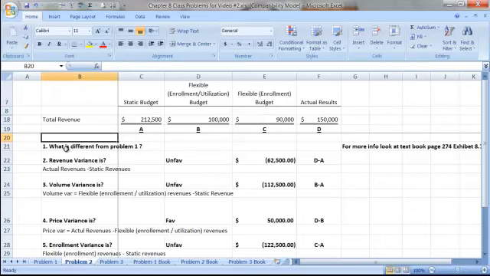So how is this different from problem 1? Well, like we just said, it's got 2 flexible budgets. And the reason it has 2 flexible budgets is because there are 2 variables now with volume. When you see this, it is an indication that there's capitation. And remember, in capitation, we have 2 different things: fee-for-service and capitation.